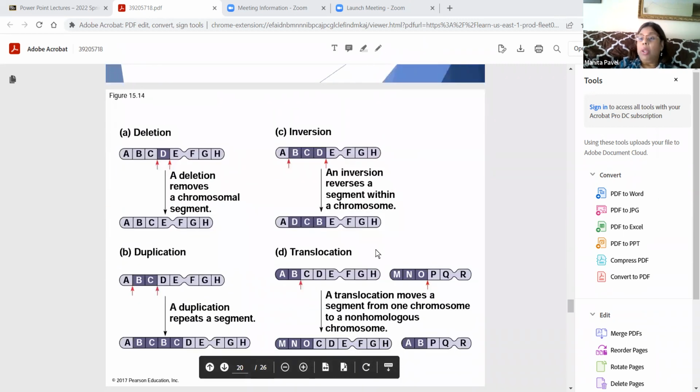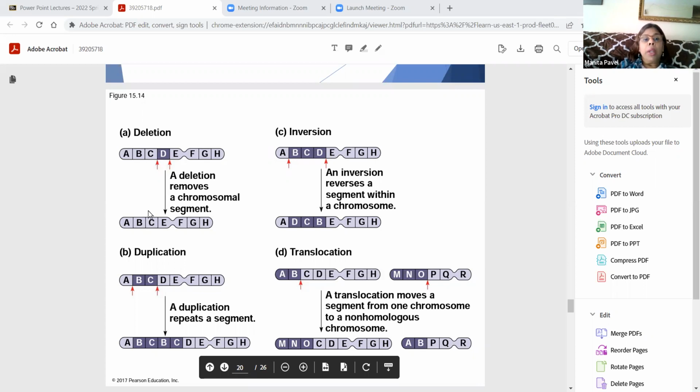So let's go with deletion. If you have a chromosome here, which is represented by different segments, A, B, C, D, E, F, G, H. And now, if the letter D, this part of the chromosome, is removed, firstly, it is going to shorten the chromosome. Part of that information is lost.